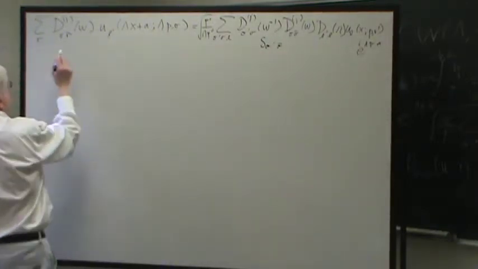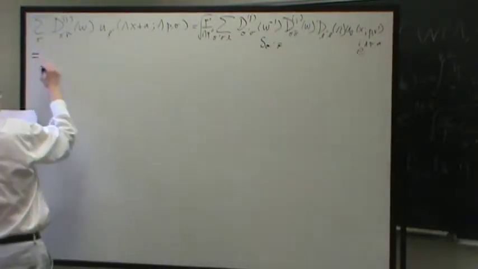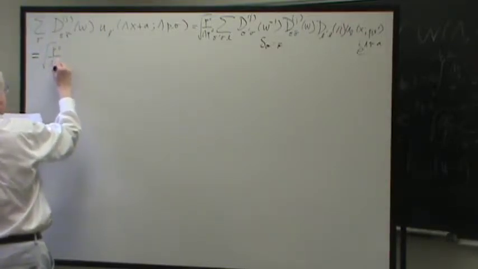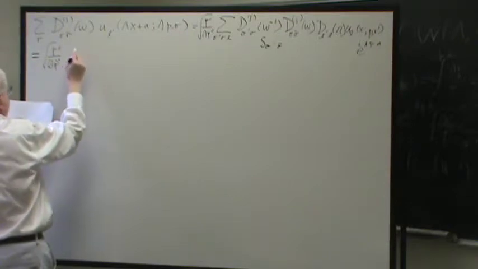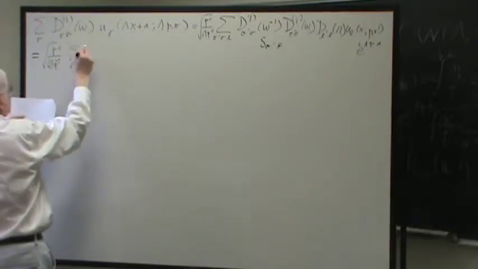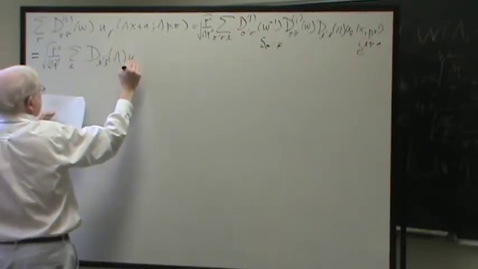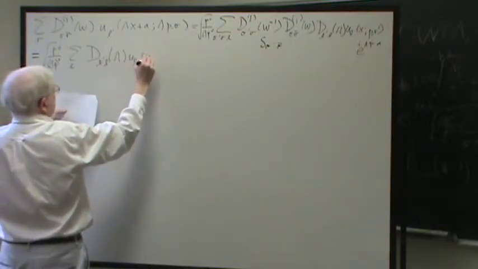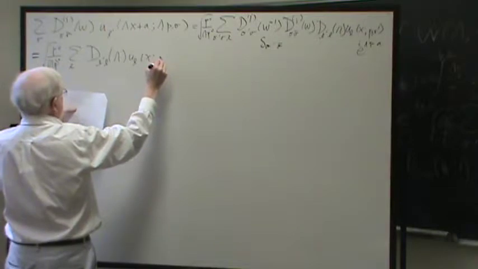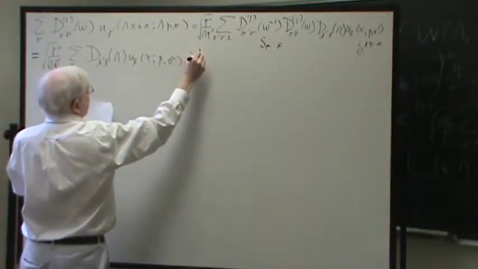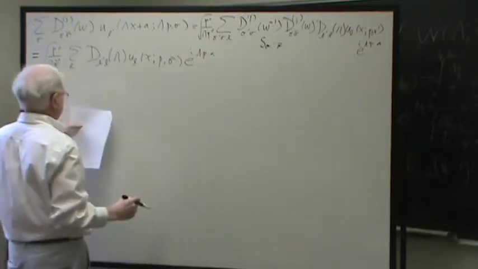And so what we have then is that this thing is equal to square root of p0 over λp0, sum over l of d_{l'l}(λ) u_l(x; p σ bar) e^{iλp·a}.